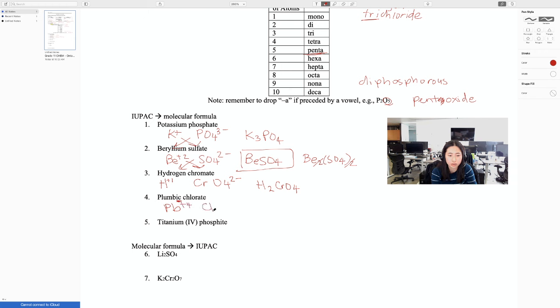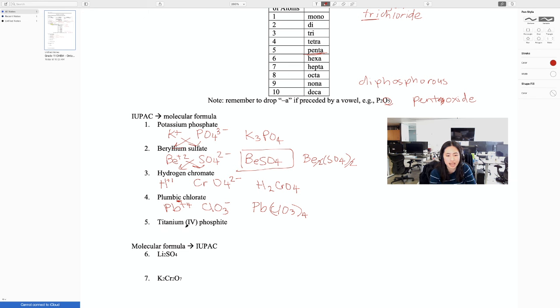And then you have chlorate, which is ClO3 -1. So when you cross over their oxidation numbers, you have Pb, so this is 1, right? And then you have ClO3, enclosed in a parenthesis, and you would have the subscript 4. So that's for plumbic chlorate.